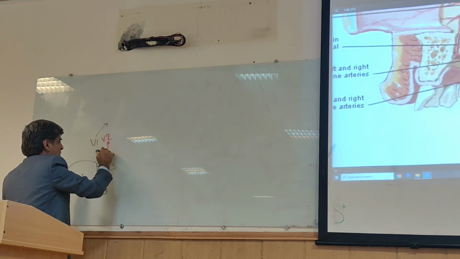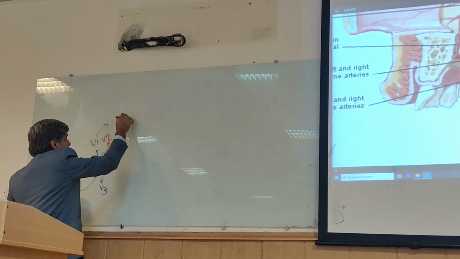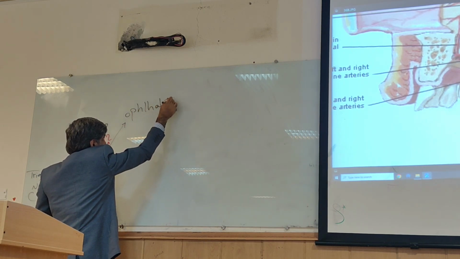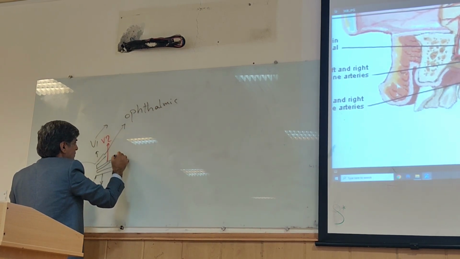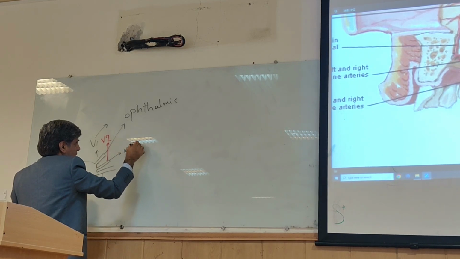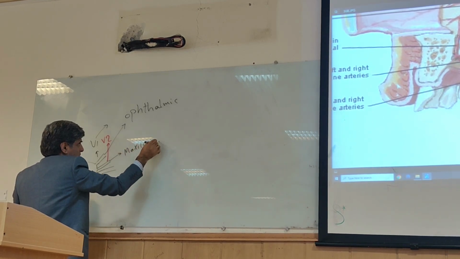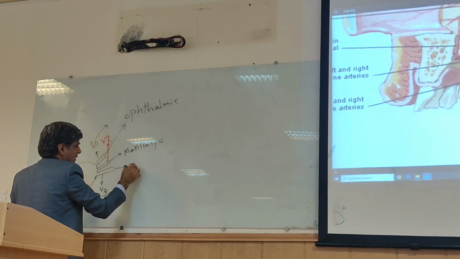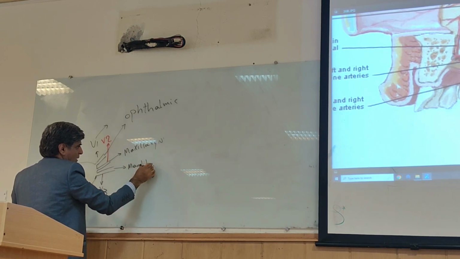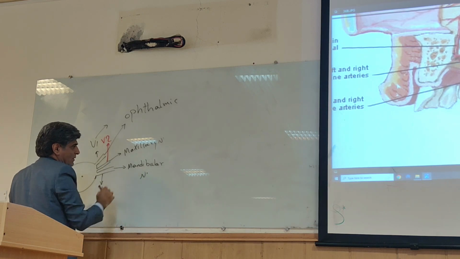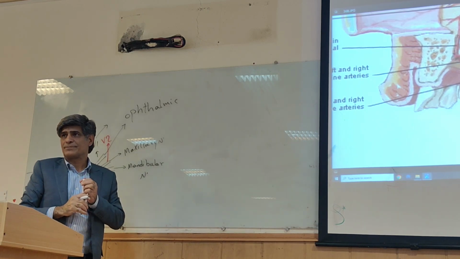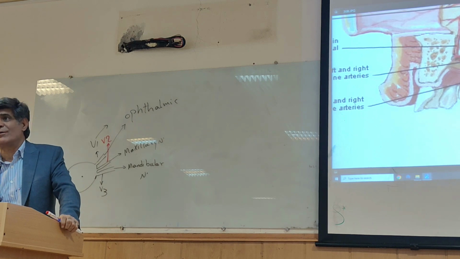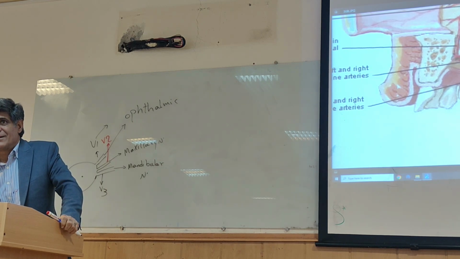V1 is the ophthalmic branch, this one is the maxillary nerve, and this is V3, the mandibular nerve. Mandibular nerve, this nerve passes through which foramen of the skull?